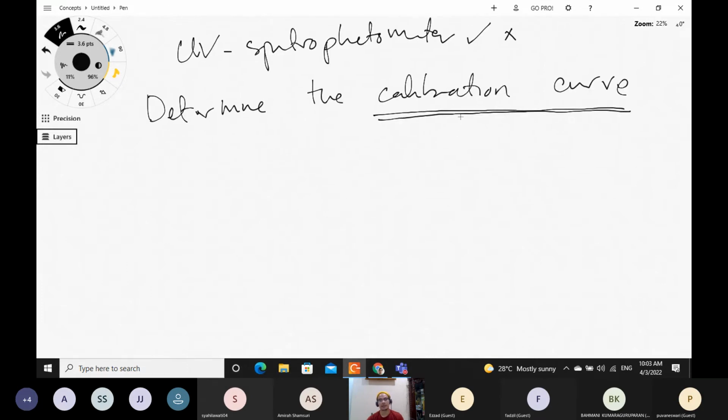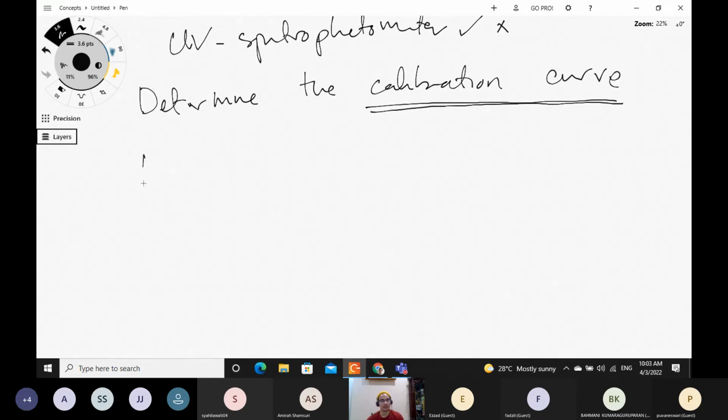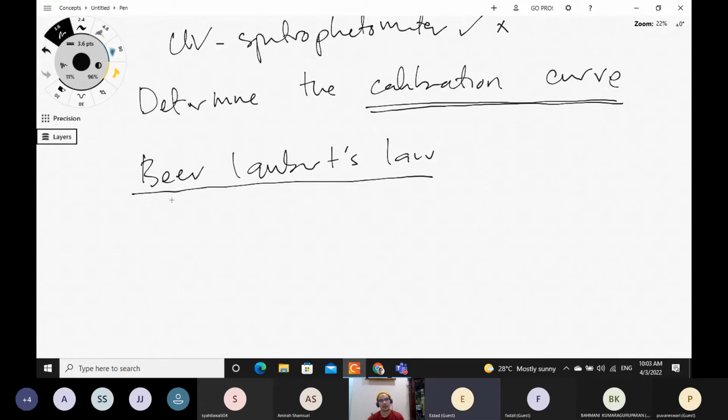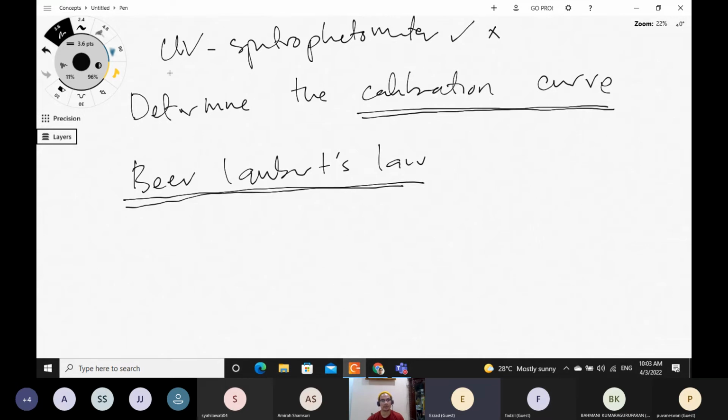So here I want to introduce to you the Beer-Lambert's law. Okay, this is the law that basically governs how this instrument operates. The UV spectrophotometer operates based on this law, Beer-Lambert's law.